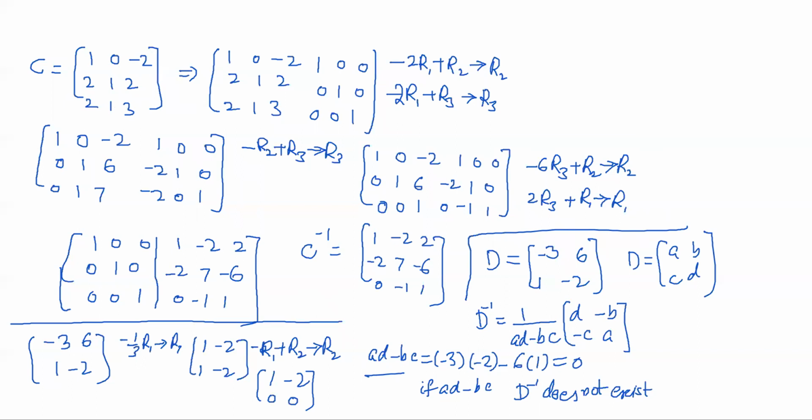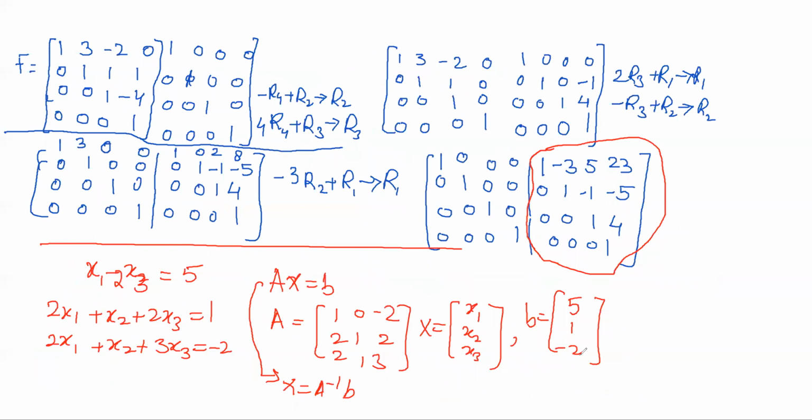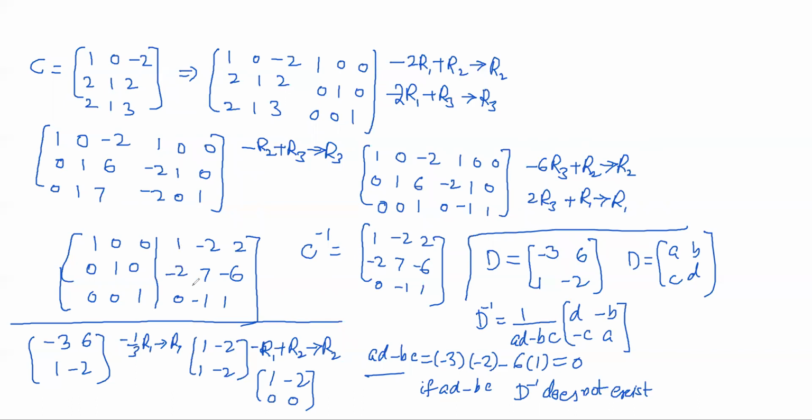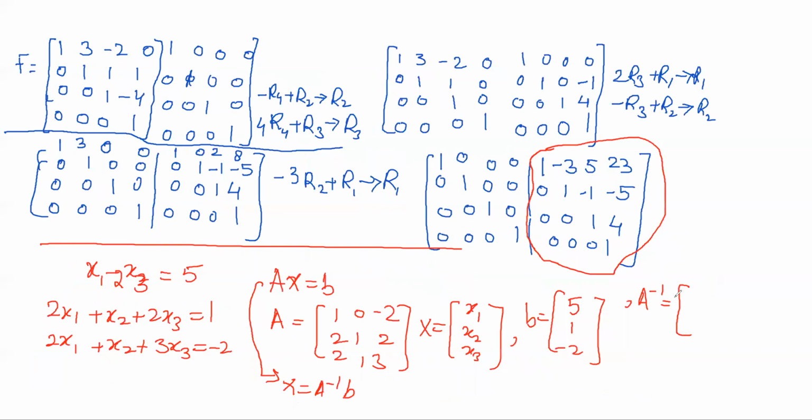Its inverse we have already found before. Its inverse was this: 1, minus 2, 2, minus 2, 7, minus 6, and 0, minus 1, 1.